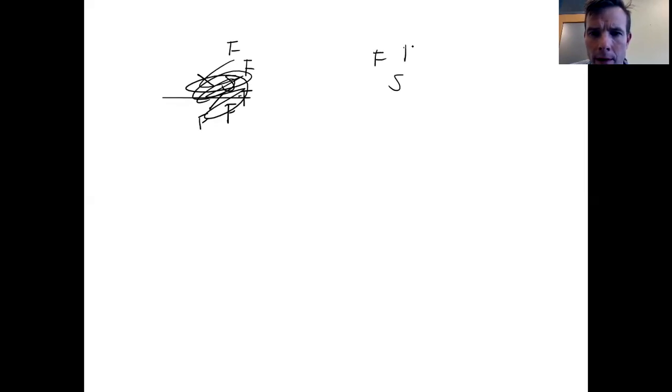F, F, F, F, F, F. Sulfur in the middle, fluorines around it, and then I'm going to start littering this with electrons. So there's a bond. You guess it looks something like that.